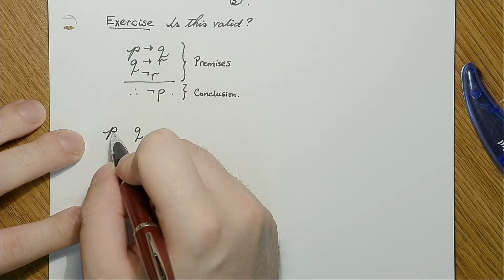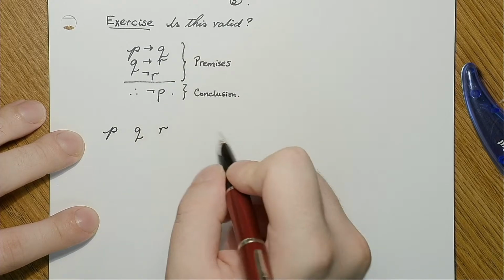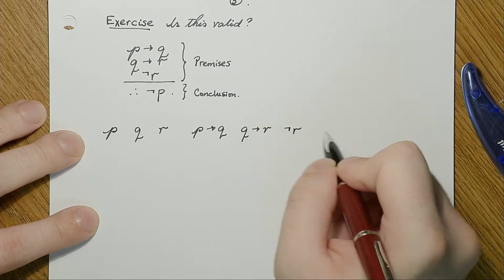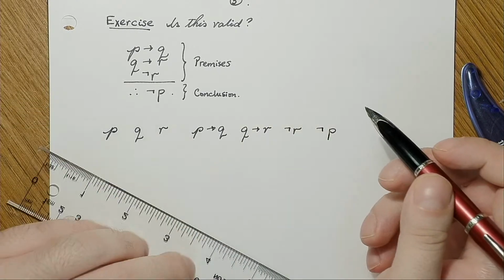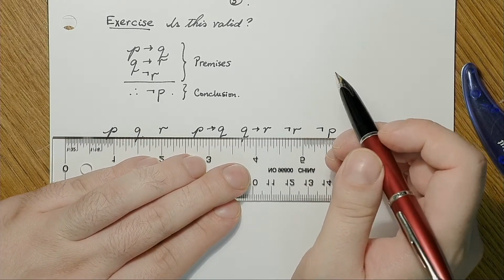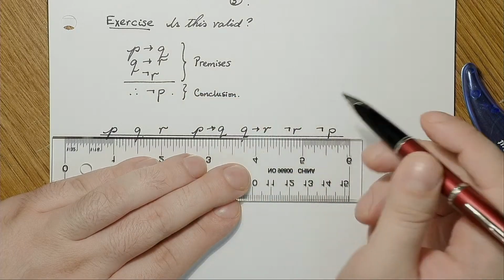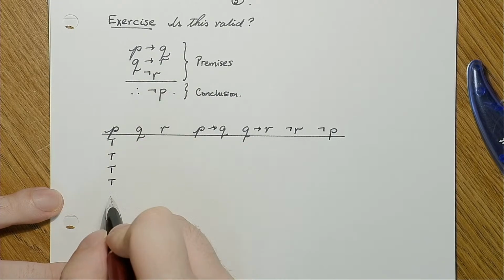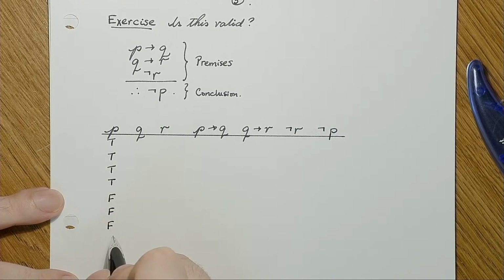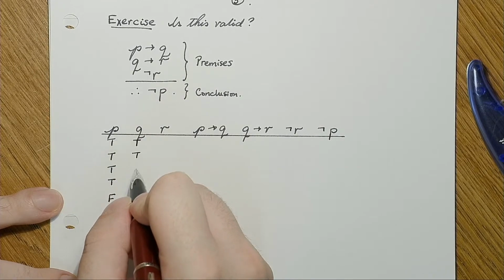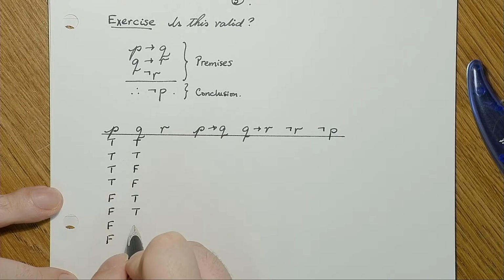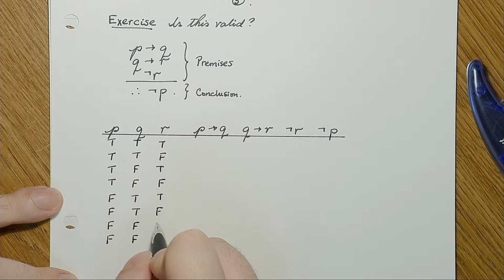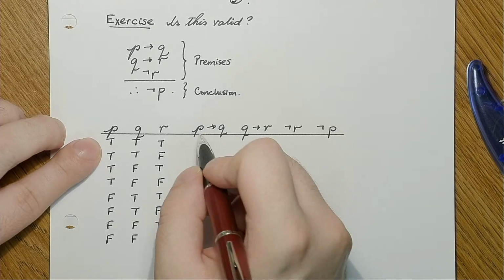We have P, Q, and R. So we'll do P implies Q, Q implies R, not P. Again, we're just doing our implication table.